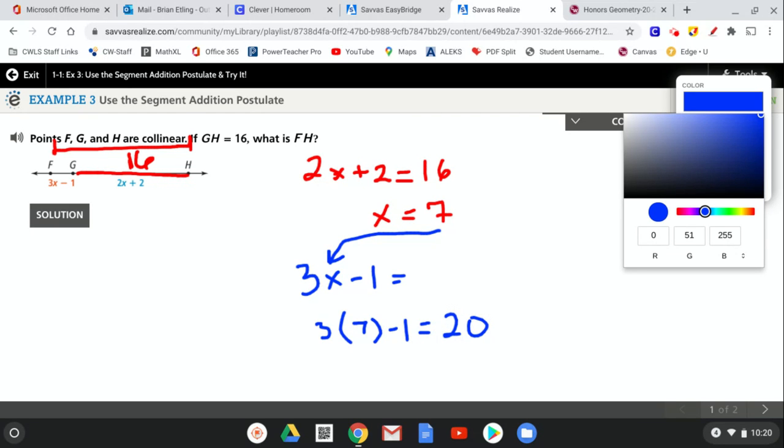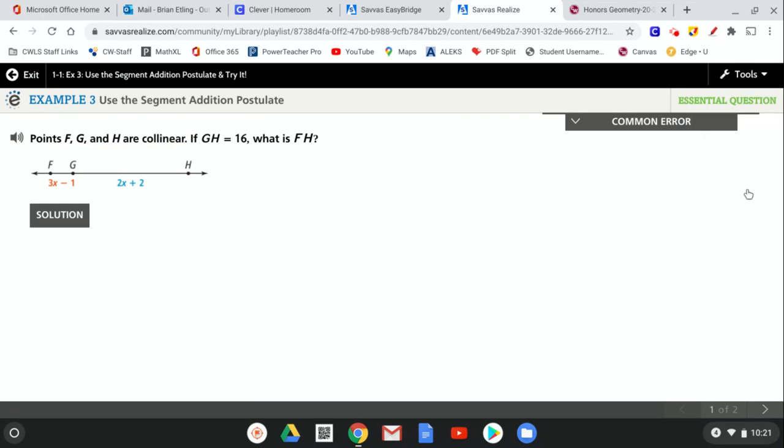To figure out what FH is, all we have to do is add up 20 and 16. 20 plus 16 gives us 36. We're done. That is how we solve that problem. And again, the solution went through what collinear is. Collinear points lie on the same line.